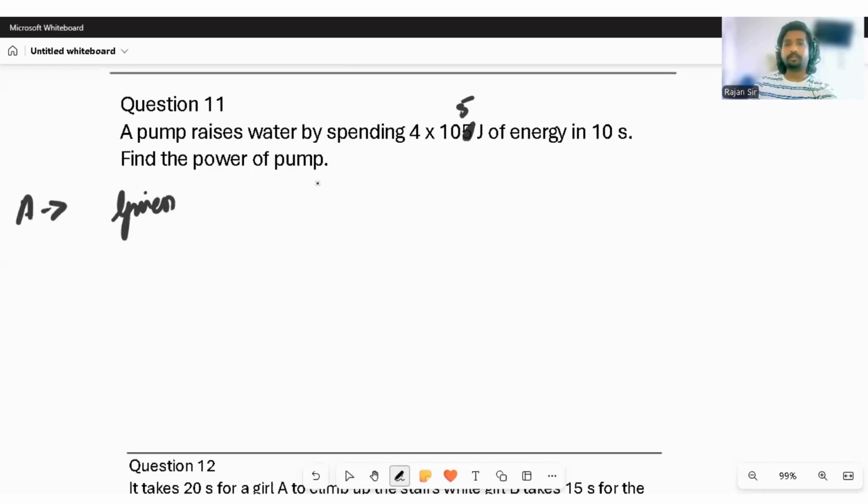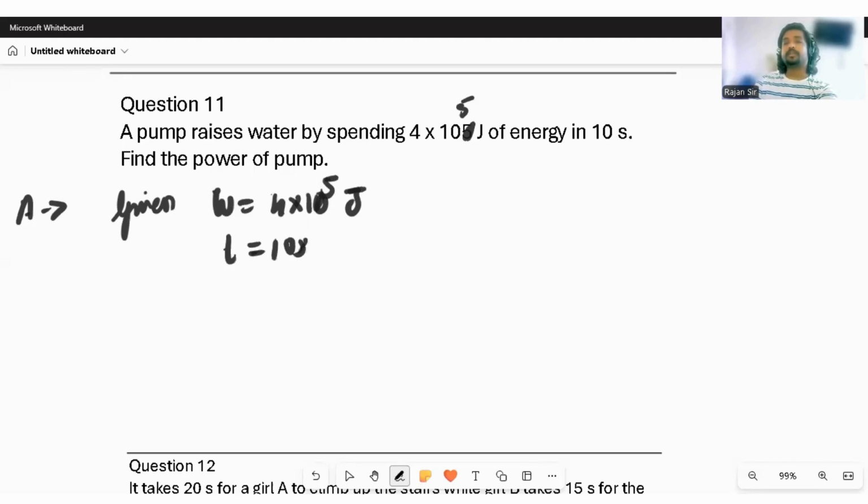So basically we are given energy, or you can say the work done is 4 into 10 raised to 5 joule. Now remember, whatever work you do, that will be the energy. So if you hear the word energy, you're basically talking about work done. And time taken is 10 seconds.